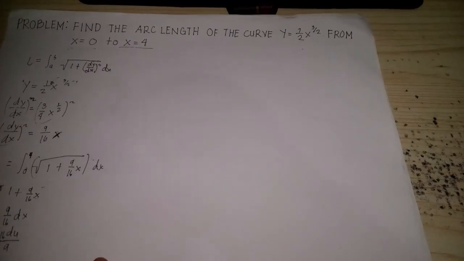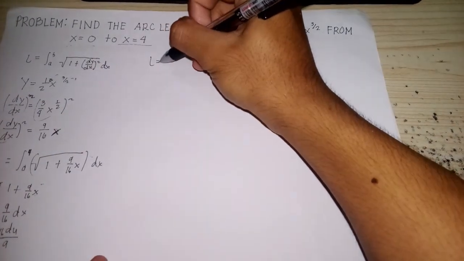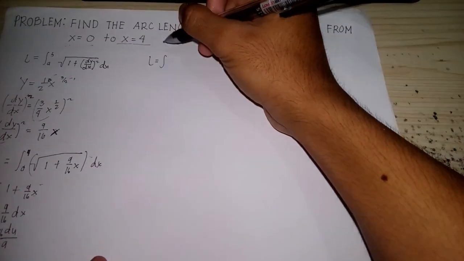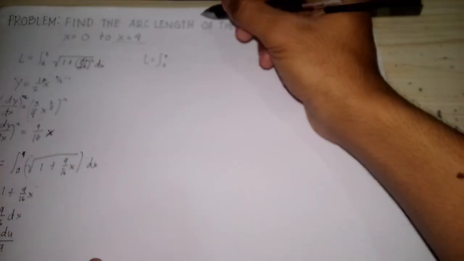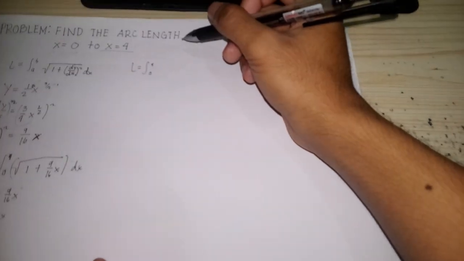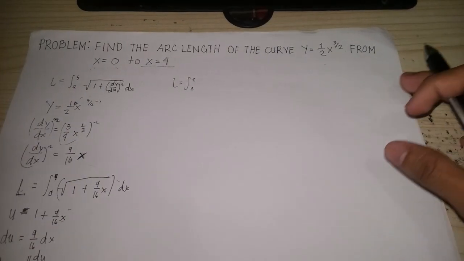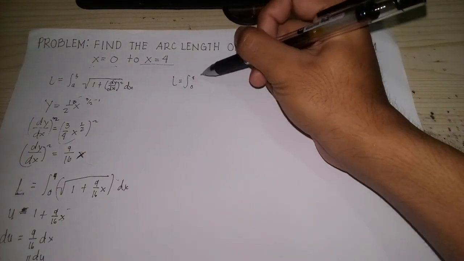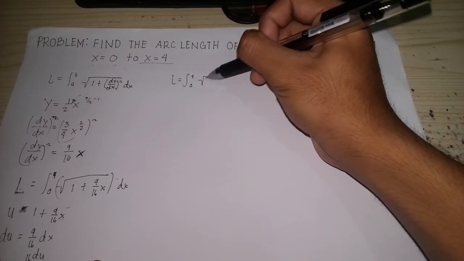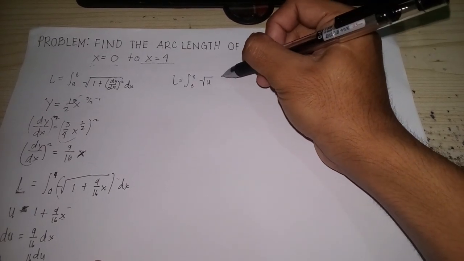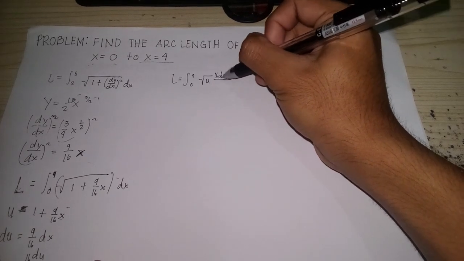Since we are using u substitution, let's now substitute it in our equation. The integral from 0 to 4, then of course this will now become the square root of u, and our dx is 16 du over 9.